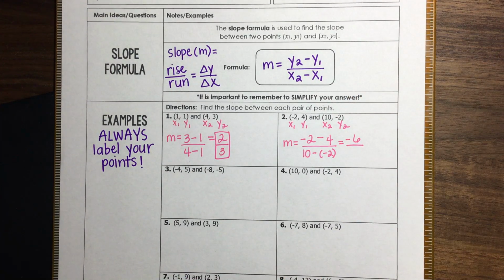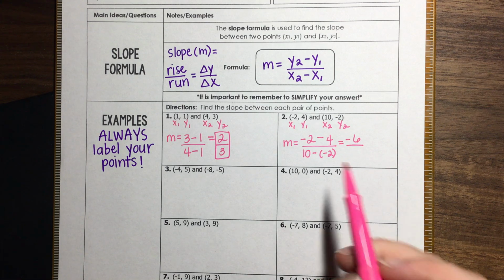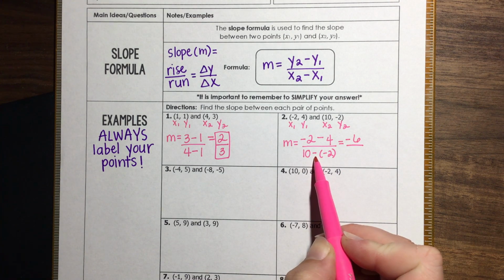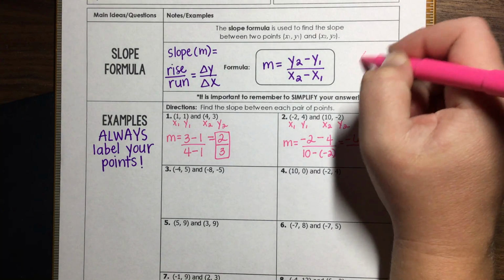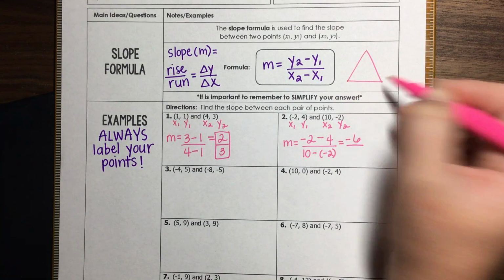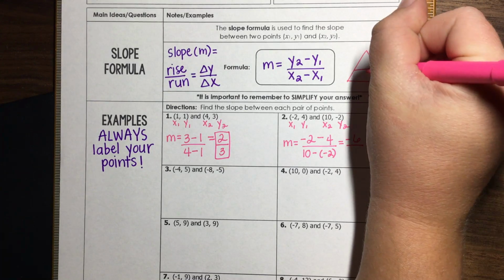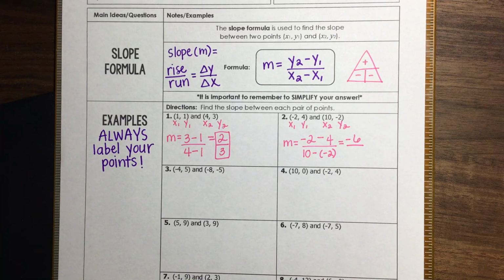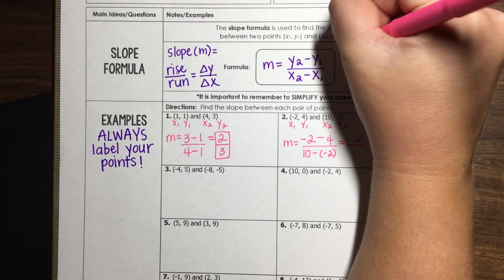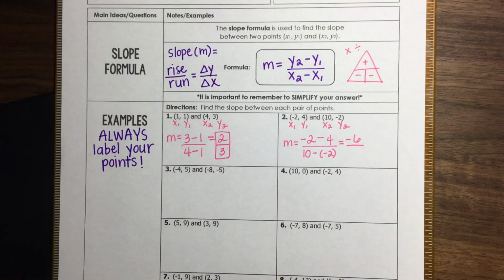Now I've got to rewrite this bottom part. I have 10 minus a negative 2. If I go back to my multiplication triangle, multiplication and division, I have plus, minus, minus. I know this is for multiplication and division.